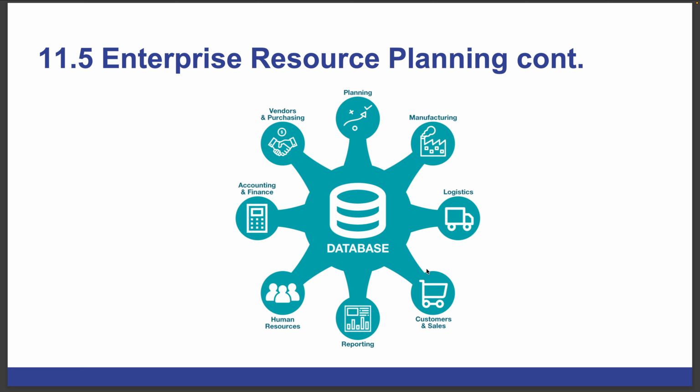What it does is it brings in the data coming from sales, logistics, manufacturing, planning, budgeting, vendors, accounting and finance, etc., and makes it available to the right people at the right time in the right format. These, when put together, can help create a decision support system or an executive information system.